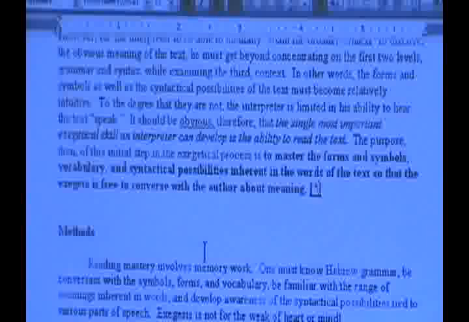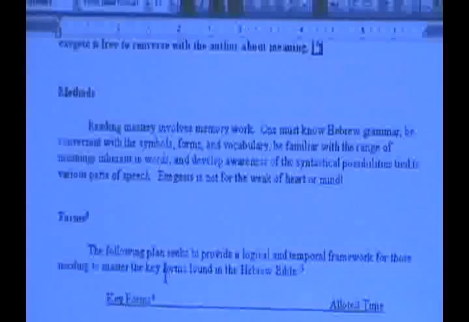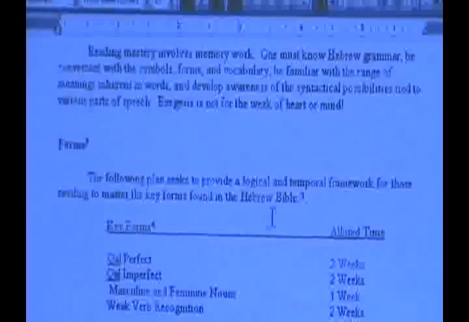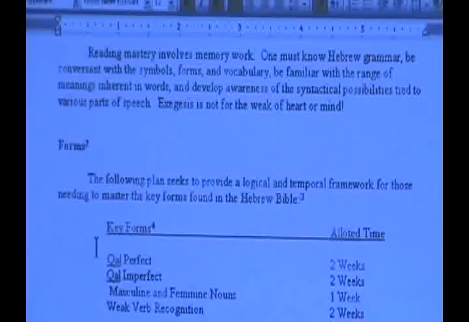So how do you get to this point where you can master the text? Well, there's a lot of different ways, of course. Most of it involves remembering something, remembering the words, remembering the forms. I've used this in teaching Hebrew, but of course we're beyond that now.